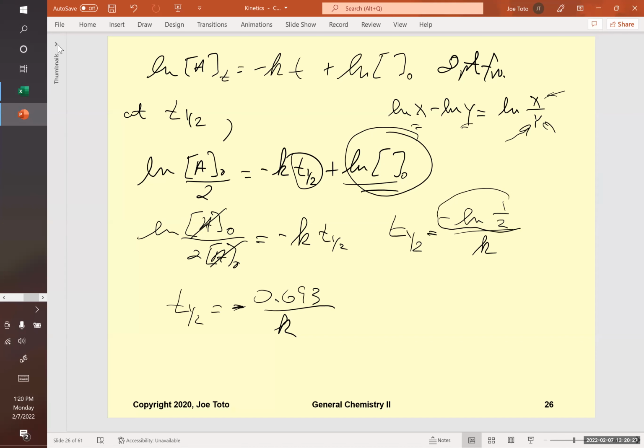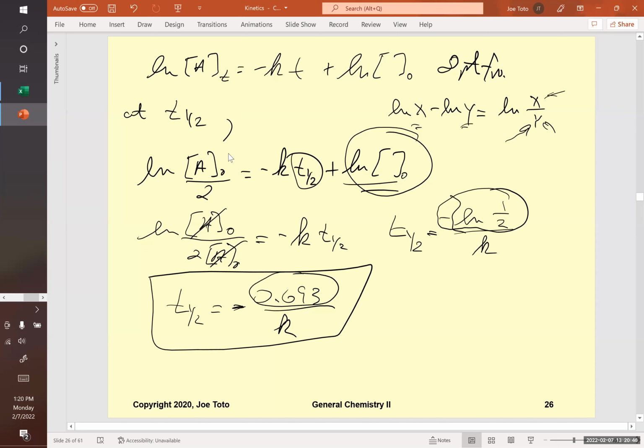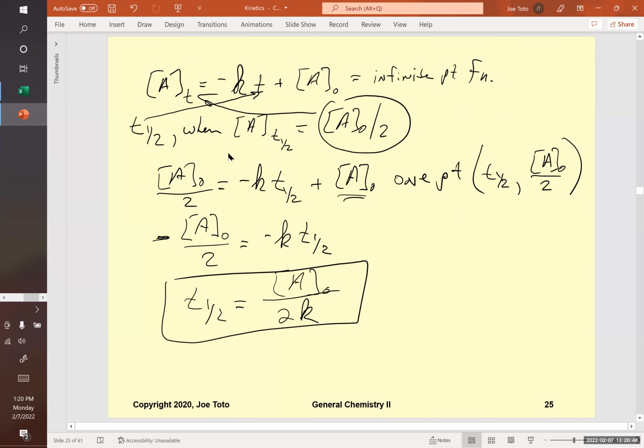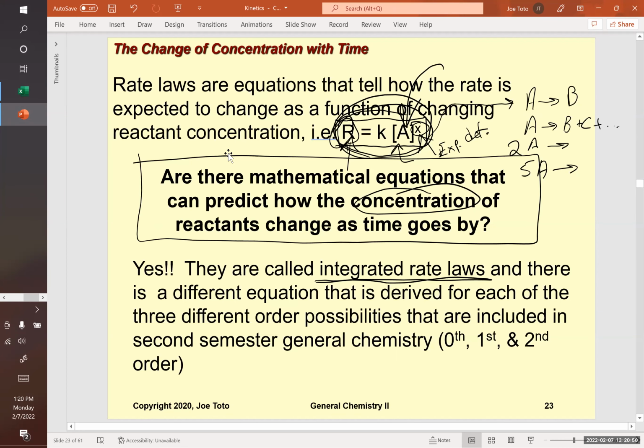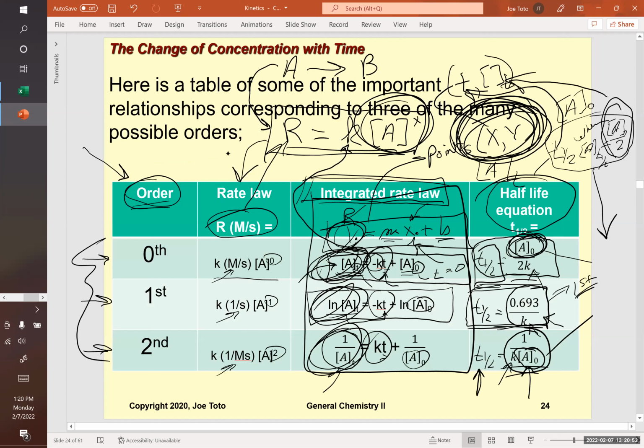And oops, not the negative, sorry. ln 1/2 is this value right here. And so again, we see the half-life equation for a first order reaction is independent of the initial concentration, just like we saw in our table here.